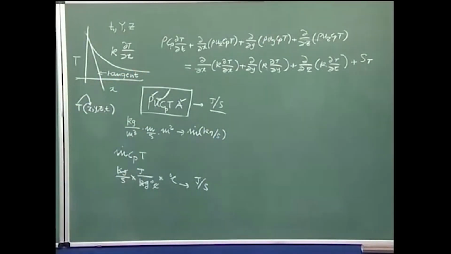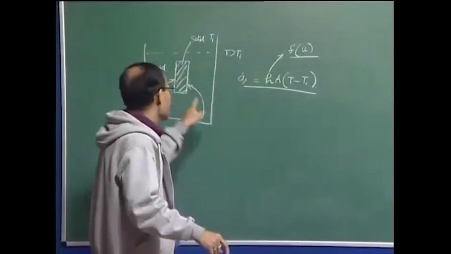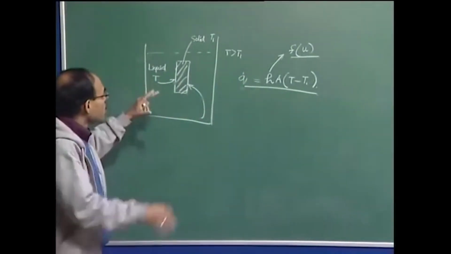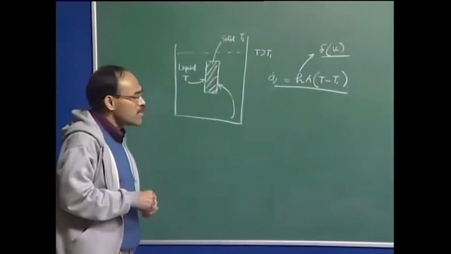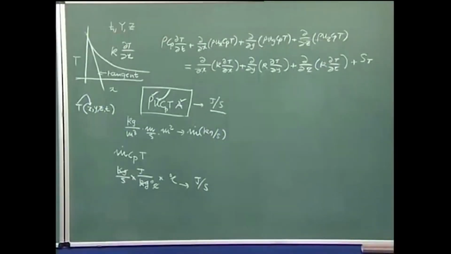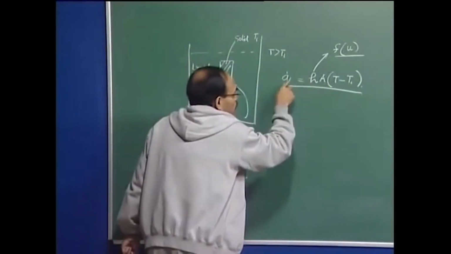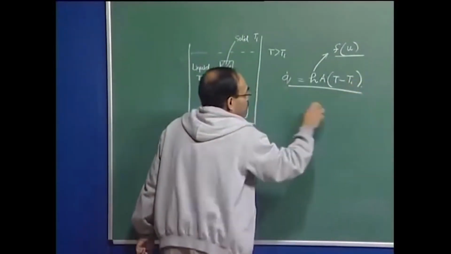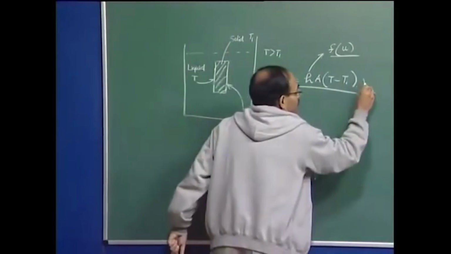So, this tells us that no matter what the problem is, even if you have turbulent flows, even if you have multi-phase flows, even if you have unsteady state behaviors in the system, it is possible that we need not solve those complex equations, but to express the heat flow to the solid surface, or from the solid surface, we can use this particular rate equation.